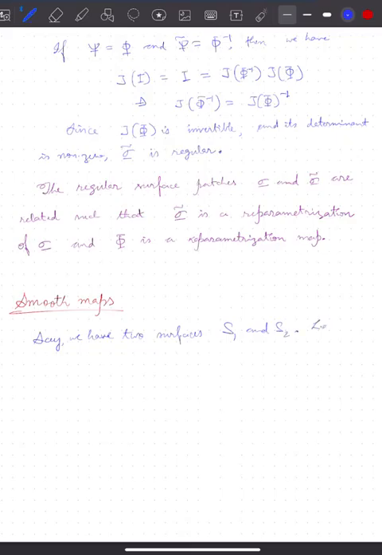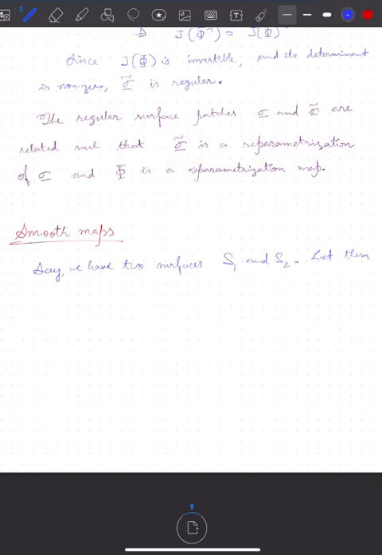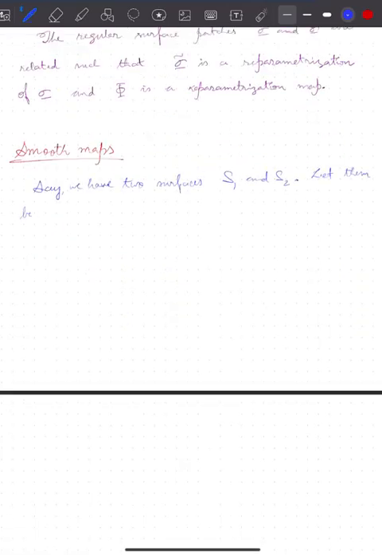And let them be covered by single surface patches, sigma 1, which maps from U1 to R3, and sigma 2, U2 to R3.